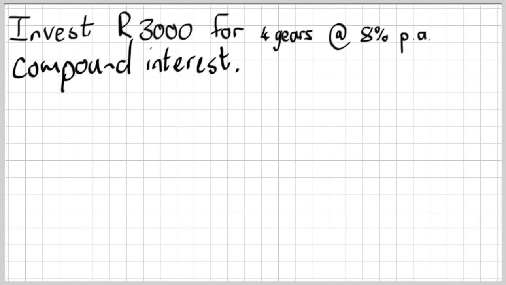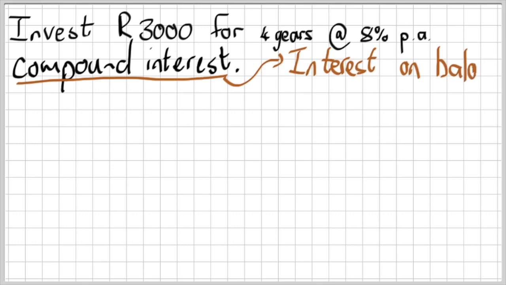If I look at a sum like this, where I'm telling you invest 3,000 Rand for 4 years at 8% per annum compound interest. Compound interest means that I'm going to earn interest on the balance due or the balance in the bank. So in other words, you are going to earn interest on how much you actually have in the bank.